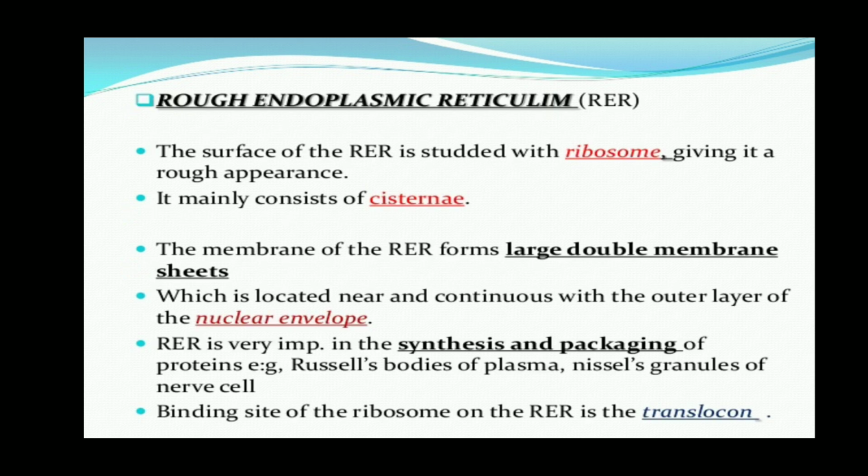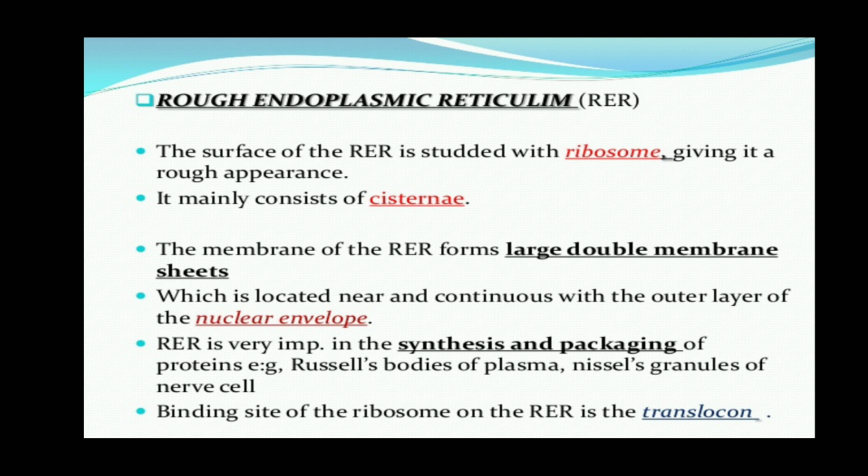Then we will see RER, that is rough endoplasmic reticulum. The surface of RER is studded with ribosomes, which give the rough appearance. It mainly consists of cisternae, right? Cisternae are what? The elongated, unbranched structures. The membrane of this RER forms large double membrane sheets, which are located near and continuous with the outer layer of the nuclear envelope.